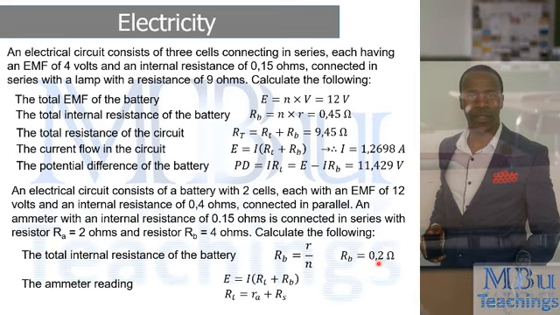So that will be the answer for this bracket. And then we just find our I. Remember, the EMF for a parallel connection of the cells is 12. So EMF is 12 here.